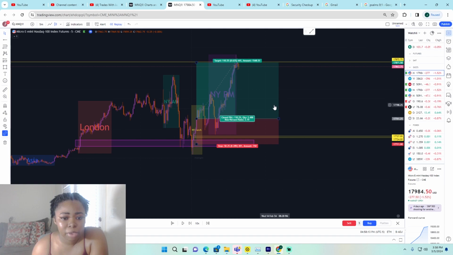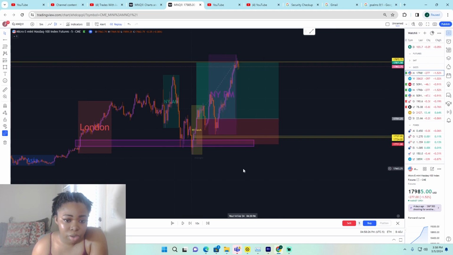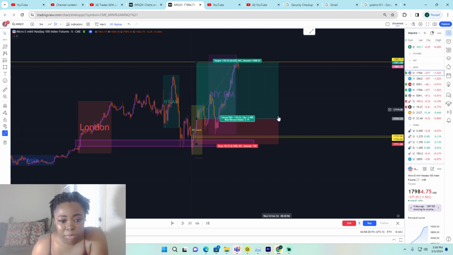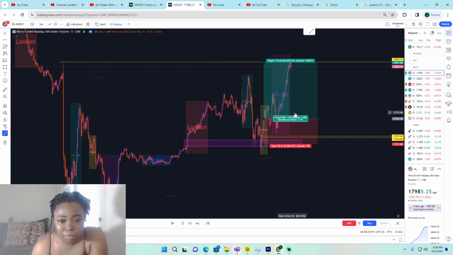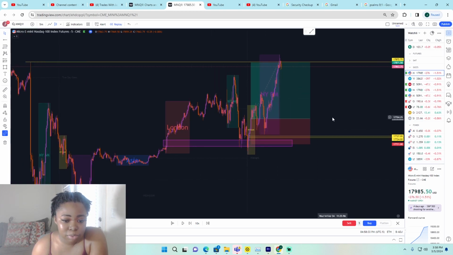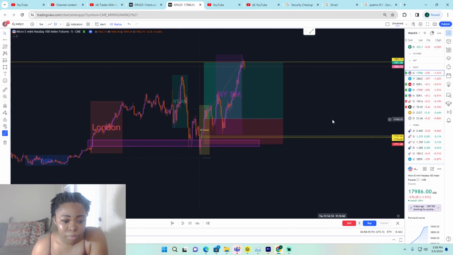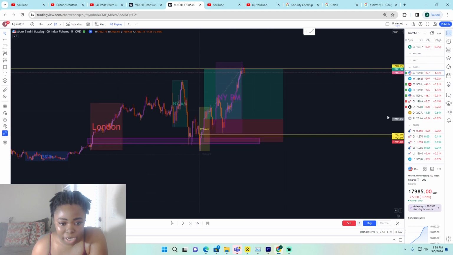But the important part for me in this trade right here is to try not to cut my trade, just trying to either let it hit my stop loss and take me out, or hit my TP level, because I feel like that gives me more to go back on, and when I'm journaling my trades, it gives me more data to go off of.